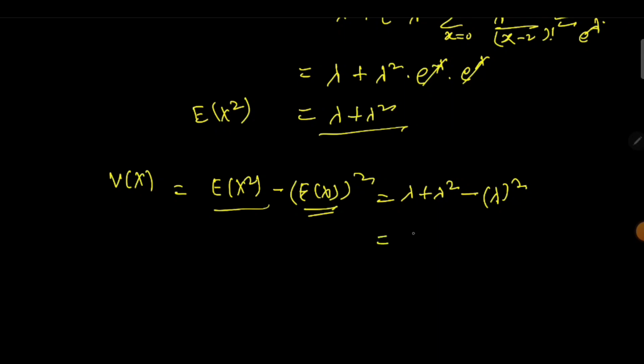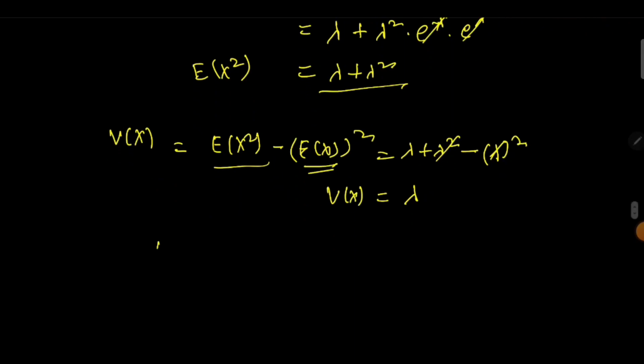So we get lambda, because lambda square and lambda square get cancelled. So this is the variance of the Poisson distribution. Now we have that the expected value, or the mean, of a Poisson distribution is lambda, and also the variance of the Poisson distribution is lambda. So we can say that for the Poisson distribution the mean and variance are the same.